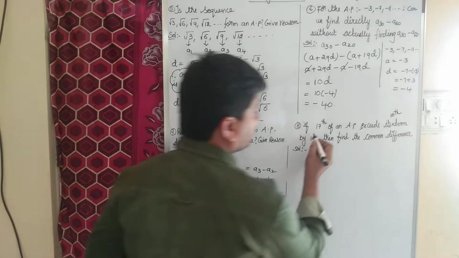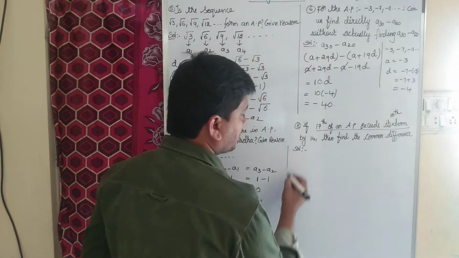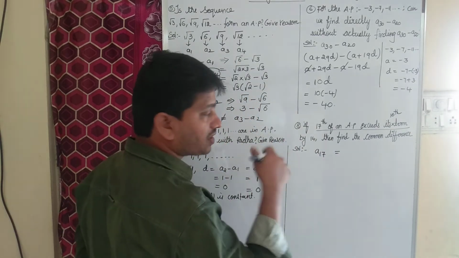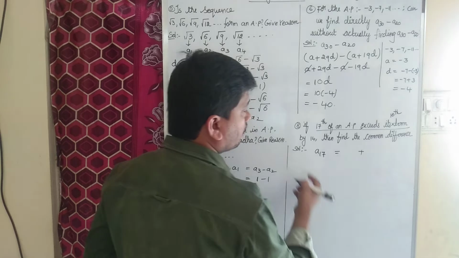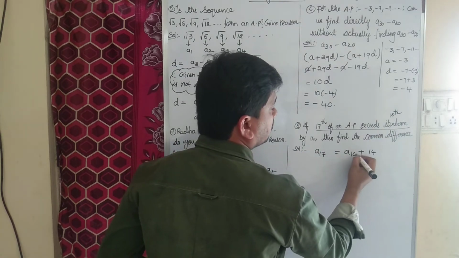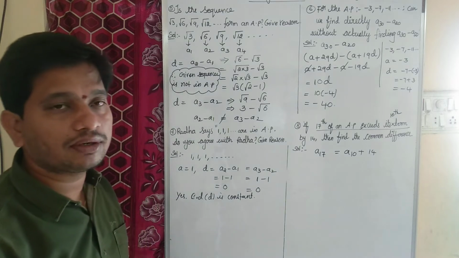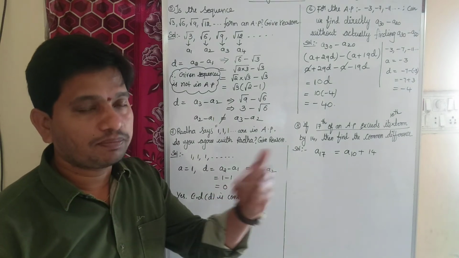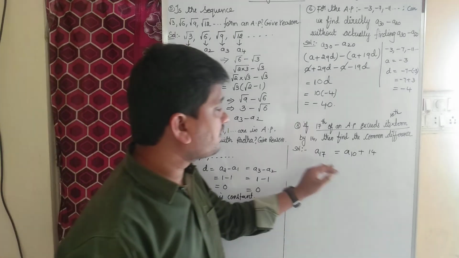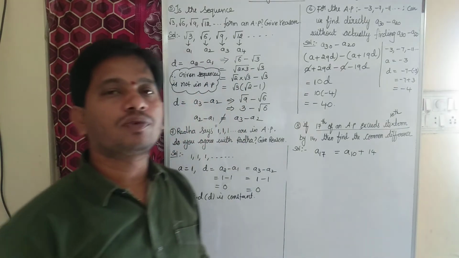Try to understand the statement, children. 17th term of an AP means a17. Exceeds means more. How much more? 14 more than its 10th term. Did you understand the statement? 17th term of an AP exceeds its 10th term by 14.